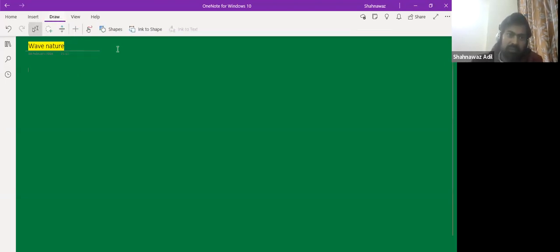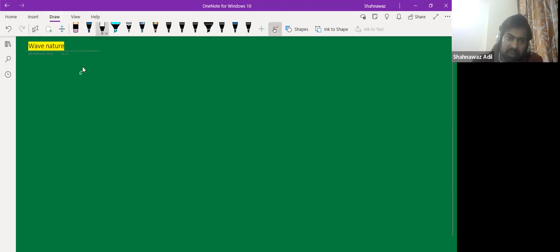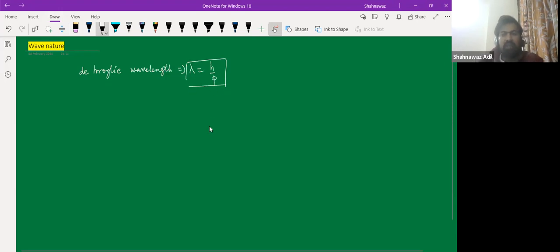So then what is the de Broglie wavelength? This thing we have already understood. This is h by p. And we also know the energy of the photons, that is simply hν, which we can relate as hc by lambda.